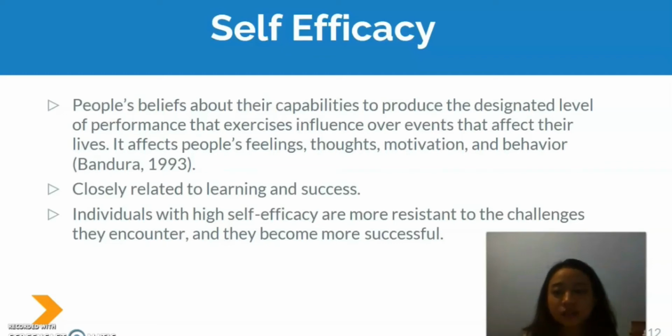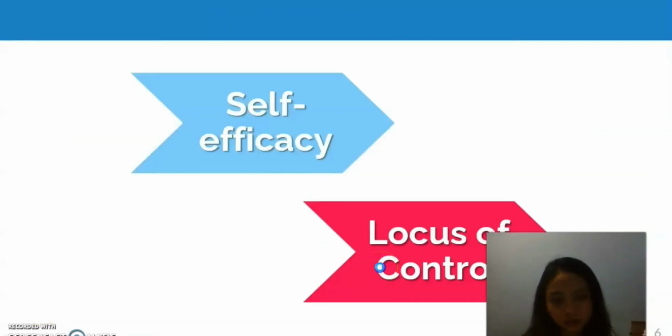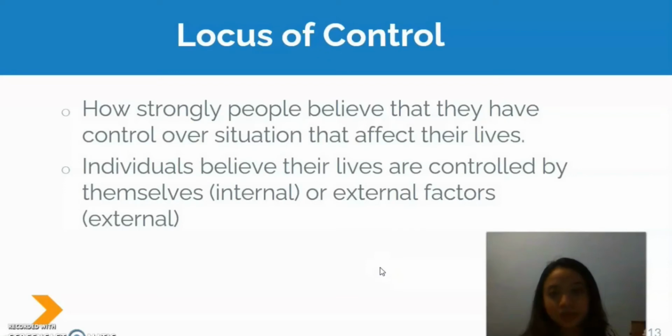Self-efficacy is closely related to learning and success, and individuals with higher self-efficacy are more resistant to the challenges that they encounter, which ends up with them becoming more successful. Next is locus of control. Locus of control is how strongly people believe that they have control over the situations that affect their lives. There are two different locus of control that will be discussed.